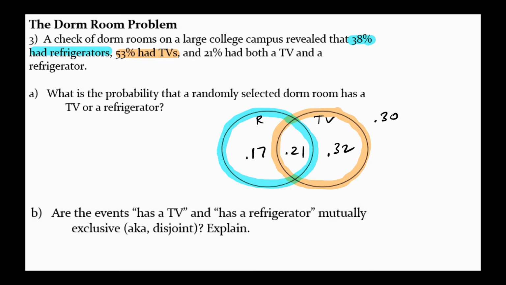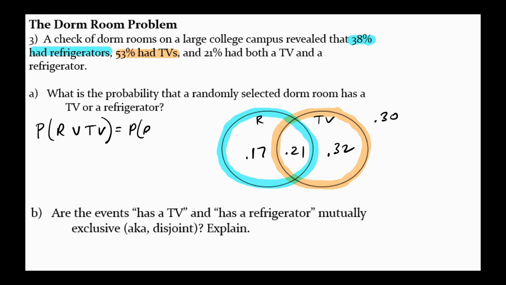Okay. So what is the probability? Now we're going to find the probability that they have one or the other. This is asking for the probability of a refrigerator or a TV. So be careful here, because they said refrigerator, right?